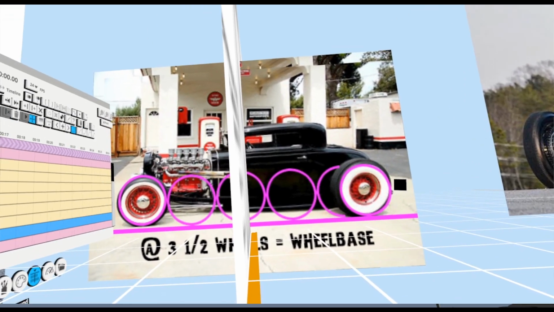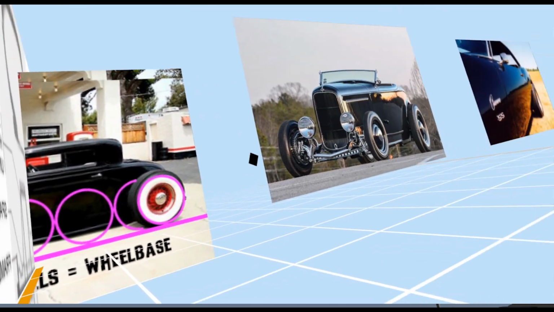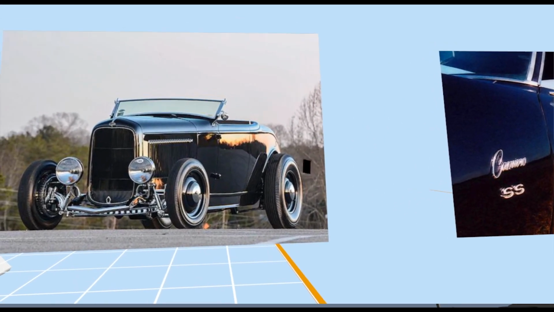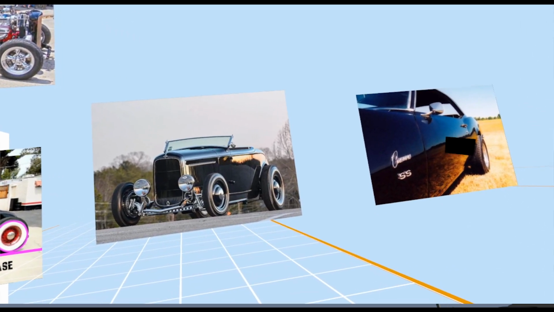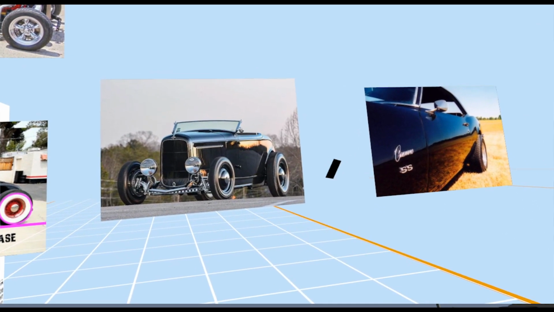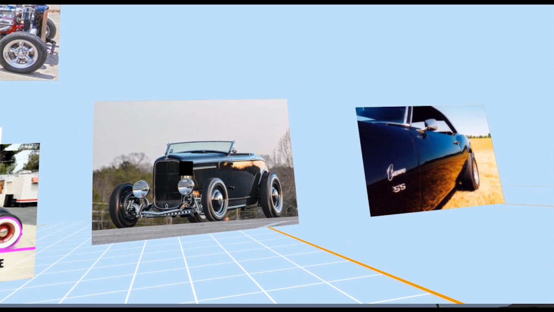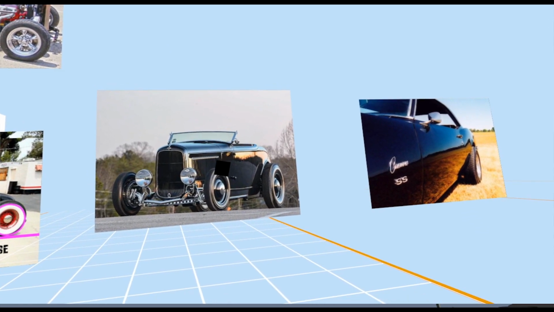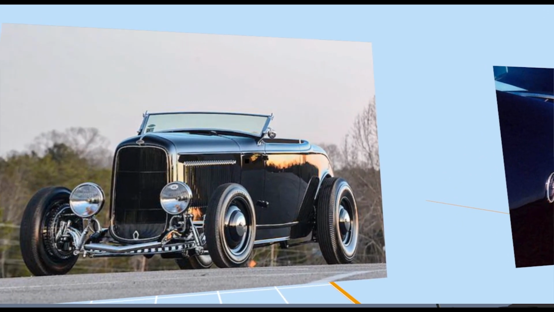And you can see some of the key things I've done, like wheelbase. Wheelbase is how long a car is, and typical car wheelbases are 3.5 wheel lengths. So whatever the diameter of a wheel is, 3.5 of those spaced apart is about your average automobile for four people.